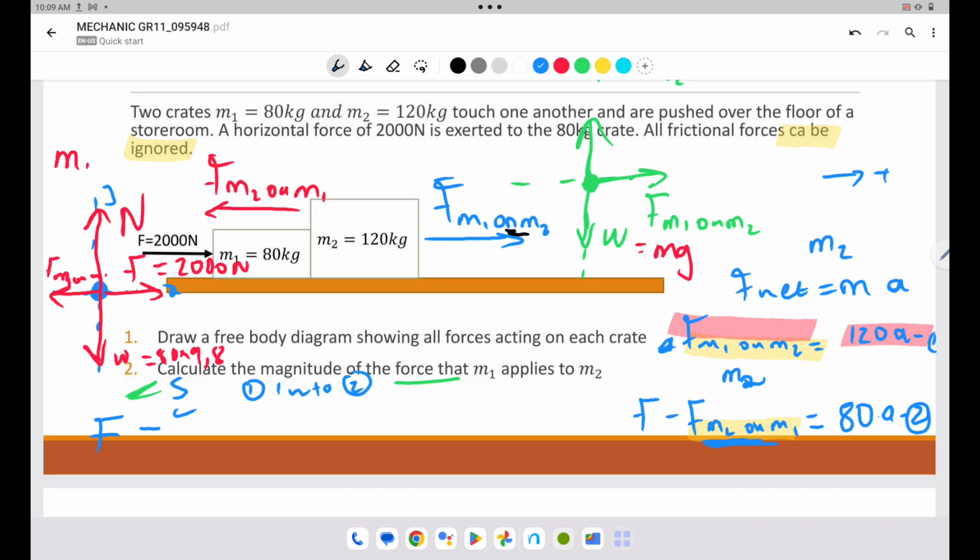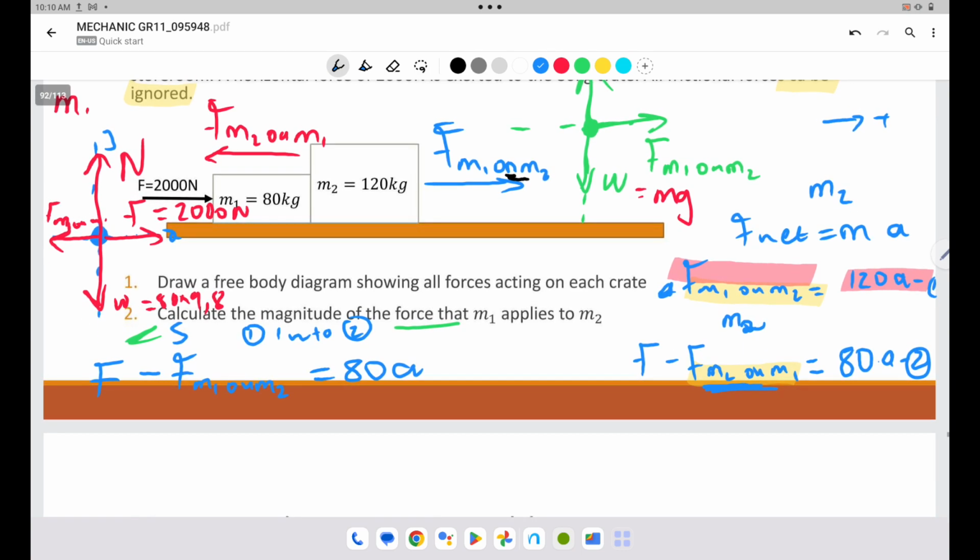So that will be F minus Fm1 on M2 equals 80A. But wait, I know what this force equals. It equals 120A. So I'm going to write this as, remember F is 2000, minus 120A equals 80A.